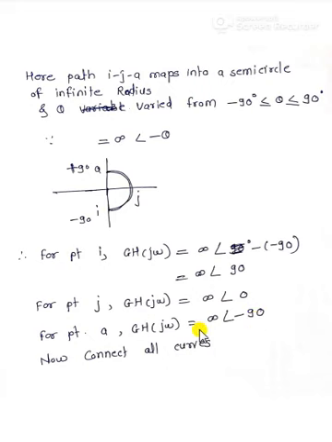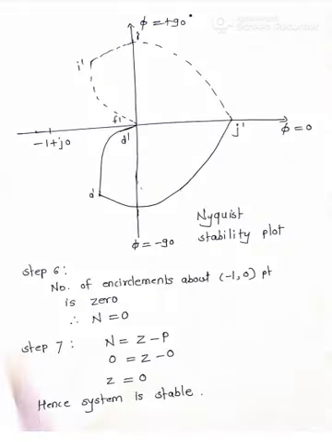So here we completed all the paths' polar plots. We will connect all the curves in the next diagram. So this is our overall Nyquist stability path. I will explain it. The first path is A dash D dash. This part we already solved in step number 2.